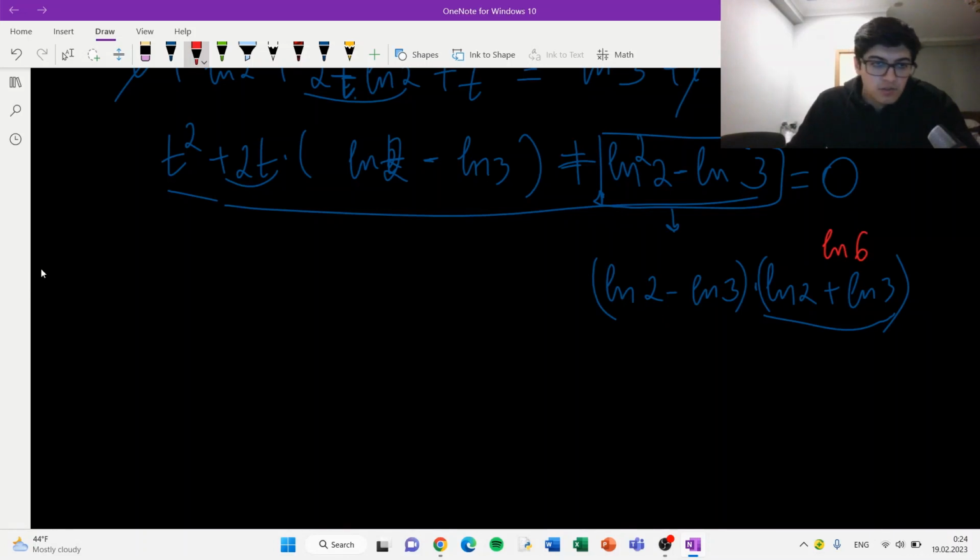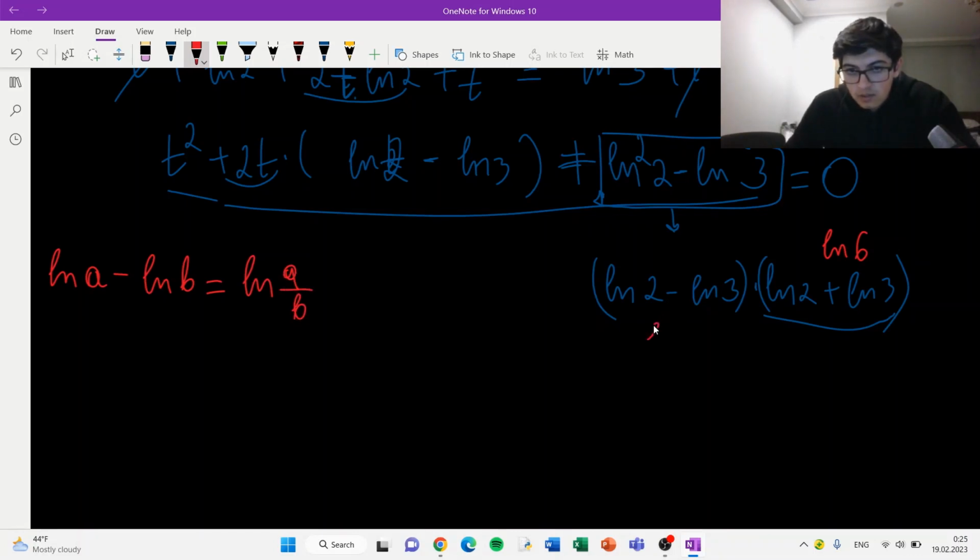And if we subtract, ln a minus ln b, this is the other property of logarithmic functions, this is going to be equal to ln a divided by b, so this is equal to ln 2 divided by 3.